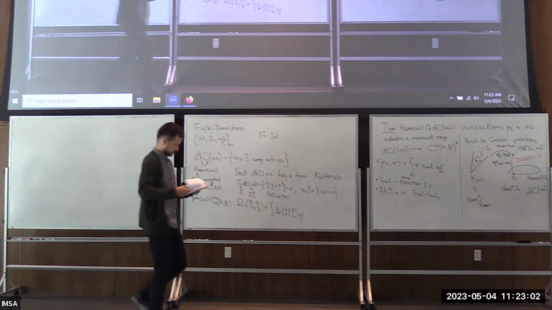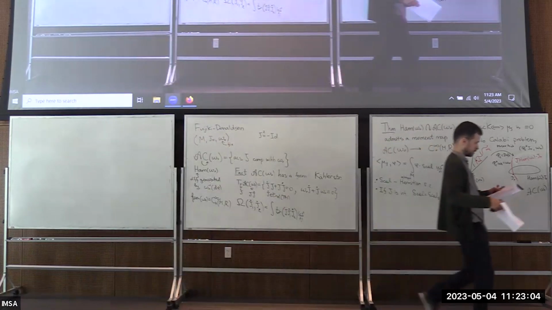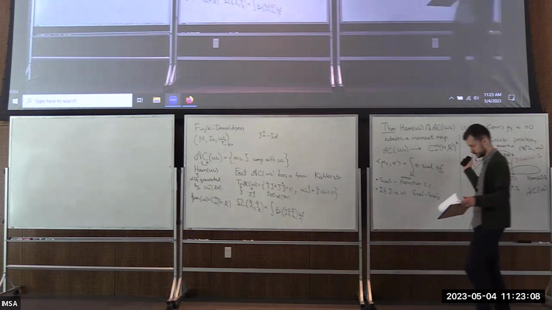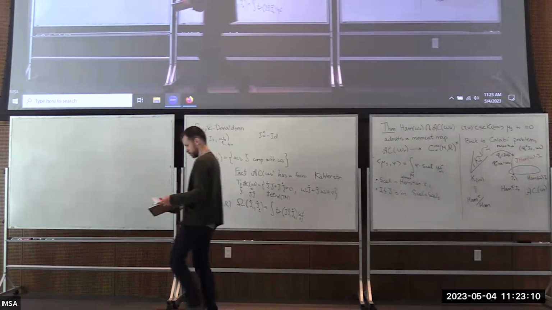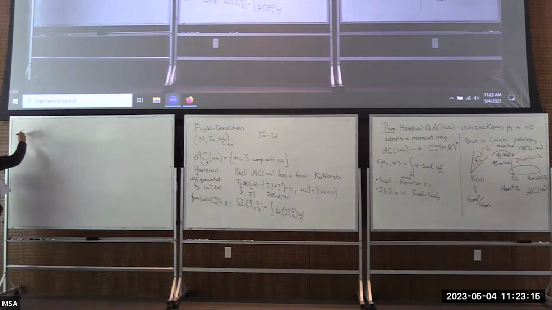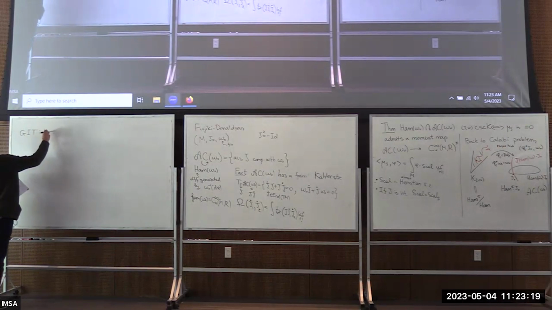All right. So maybe just a couple of words to say here. What I just drew here is called the GIT, geometric invariant theory, interpretation of the Calabi problem.